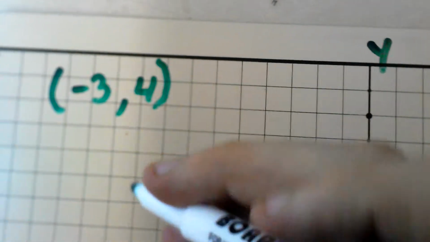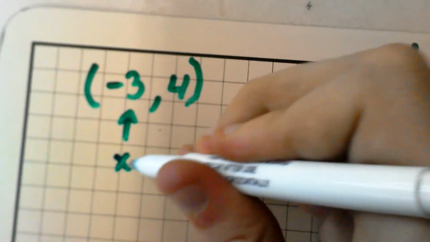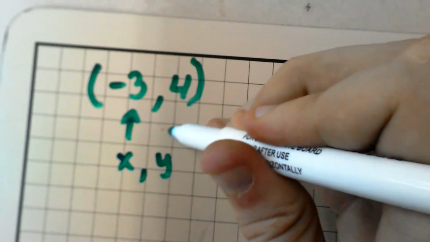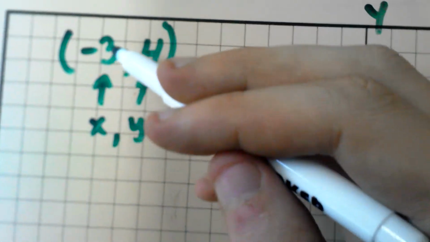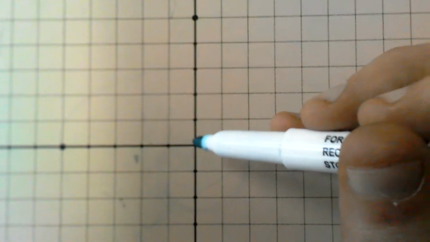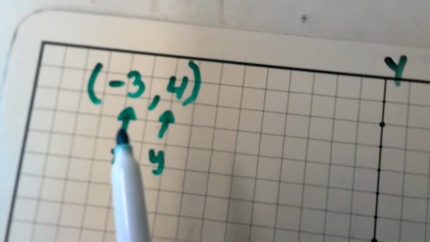Now, if I remember, this first point I have right here represents my x, and my second point represents my y. So what I have here is my x is -3. So I'm going to start at the origin, which is where my y and x meet. And x is to the right, so since I have a -3, I'm going to move away from my positive x.